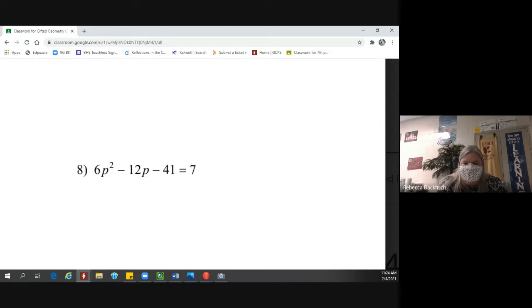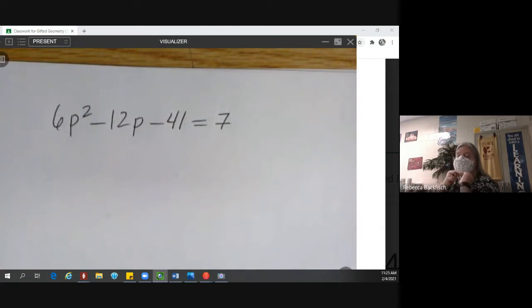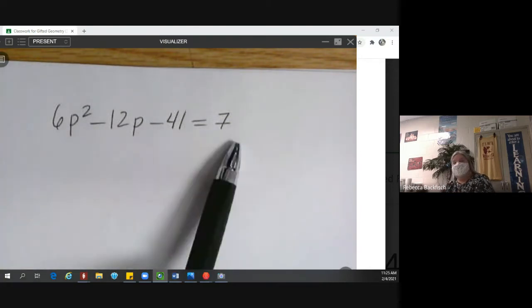Okay, lots of different ways you could start this. You could start by putting it in standard form, or you could start by getting it set up the way we like to start our completing the square problems where they have the blanks. That's probably where I would go first. Somewhere in there, obviously, you're going to notice that you have a leading coefficient that's not 1. So right now, if I were to try to divide everything by 6, that would be yucky here and here.